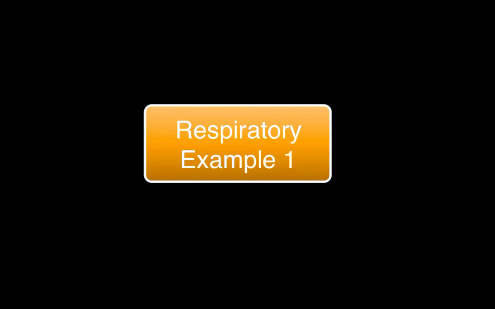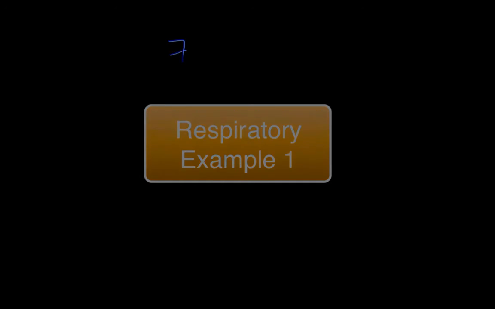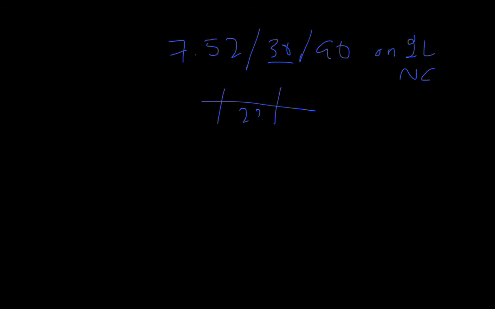So let's take this example. Someone had just had a PE, presents with a blood gas of pH 7.52, CO2 of 30, 90 on 2 liters of nasal cannula. They're tachypneic, of course, because of the PE, and their bicarb is 22.